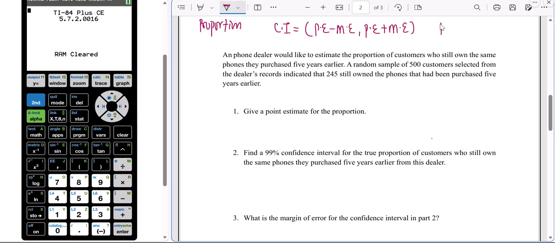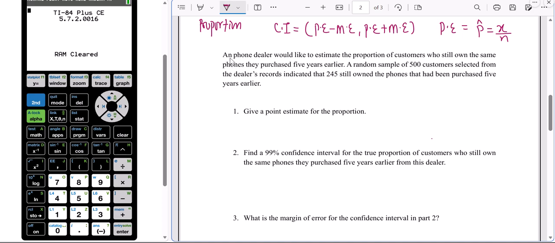Our point estimate in this case is going to be our P-hat, and our P-hat is defined as x over n. But since we are using the TI-84 calculator, there's no need to calculate anything. Let's go straight to the problem.